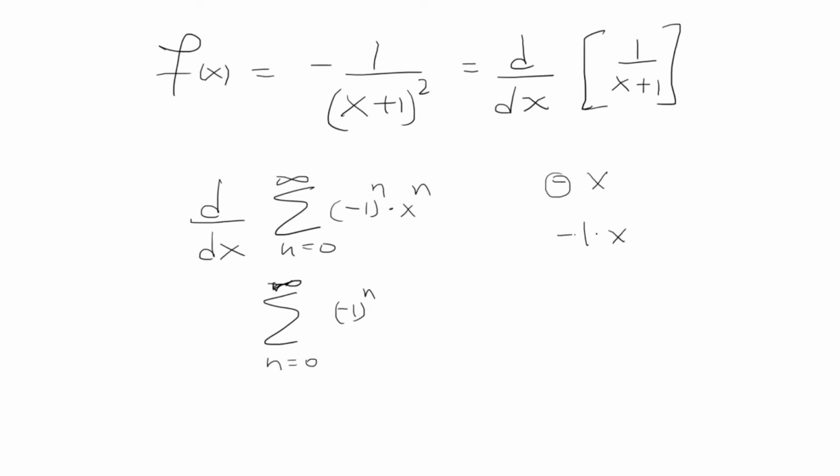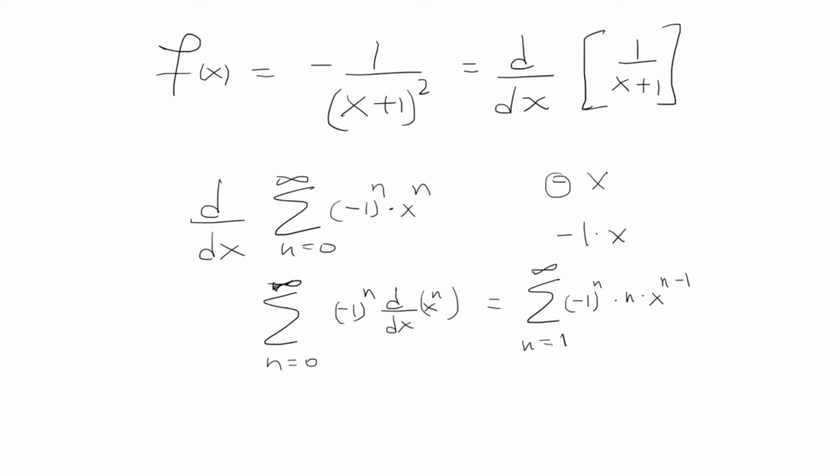You're just taking the derivative of x and then multiplying by the constant. So then you'll just take the derivative of x to the n. And so this is just going to be negative 1 to the n times n times x to the n minus 1. And actually, because we took the derivative, this is going to go from 1 to infinity now. Okay, so this is our sum.